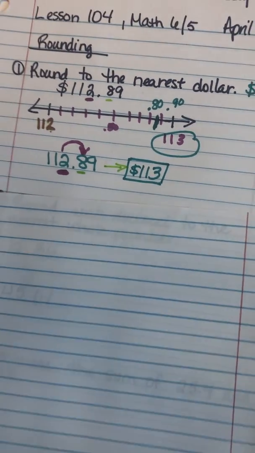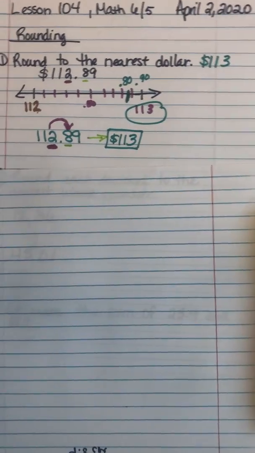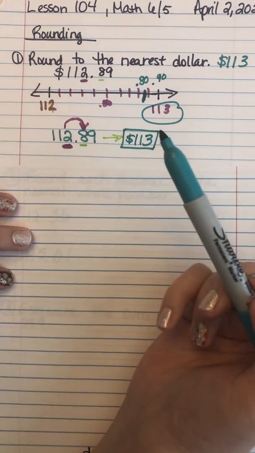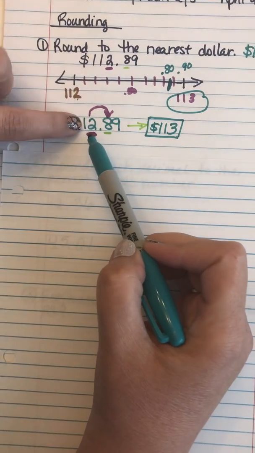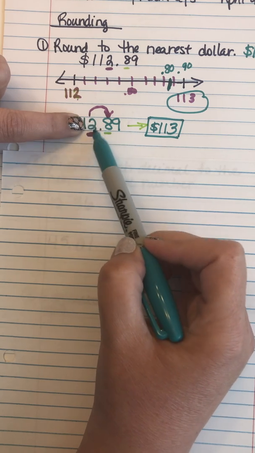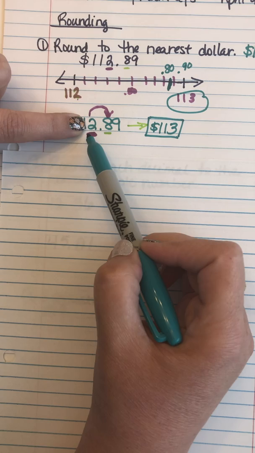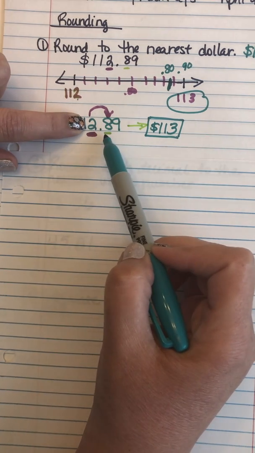Let me zoom out a little bit so you can see both ways. You can use the number line if you need to, or you can just look at the digits. Find the digit you're rounding, which is the dollars place value, and find the place value to the right.